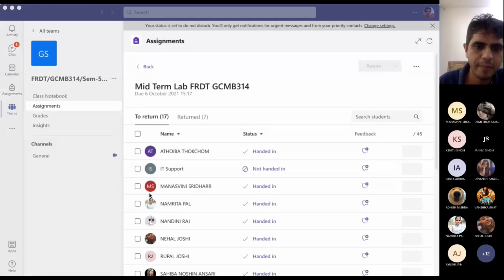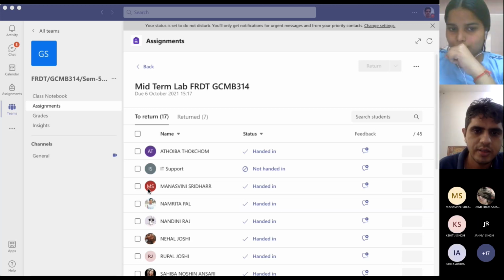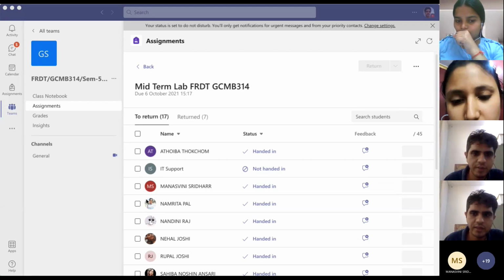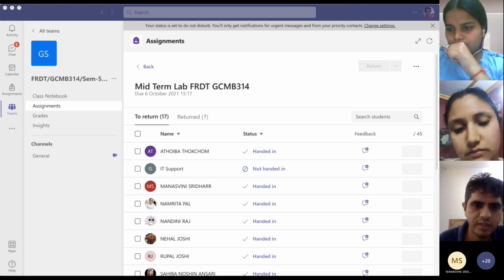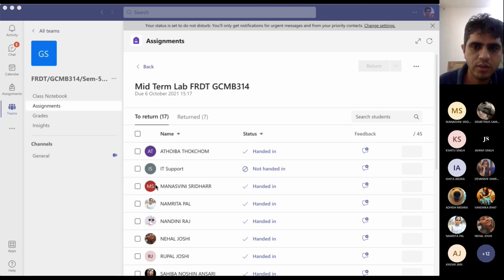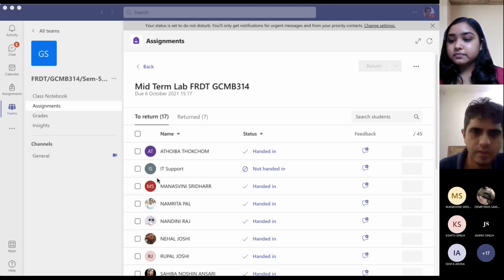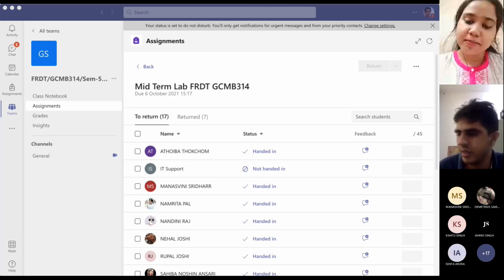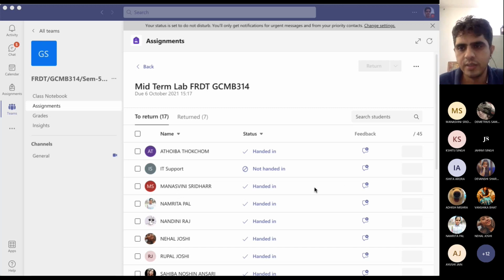Shakti, present, sir. Rupal, Rupal absent. Sahiba, present, sir. Ishita, Namrata, present, sir. Tanvi, present, sir. Yukta, present, sir. Aayushi, present, sir. Vanshika, and Vivek, present, sir. So Rupal and Atoiba, these two are absent.